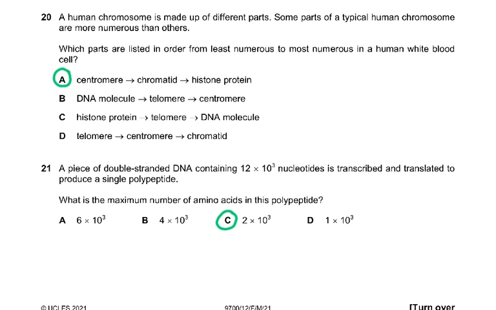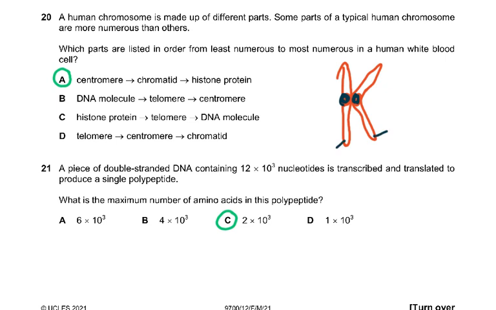Then coming to the last question, 20. A human chromosome is made up of different parts. Some parts of a typical human chromosome are more numerous than others. Which parts are listed in order from least numerous to most numerous in a human white blood cell? Centromere is that part on a chromosome where it aligns with another sister chromatid. So these are the centromeres. Then chromatids, these are sister chromatids.